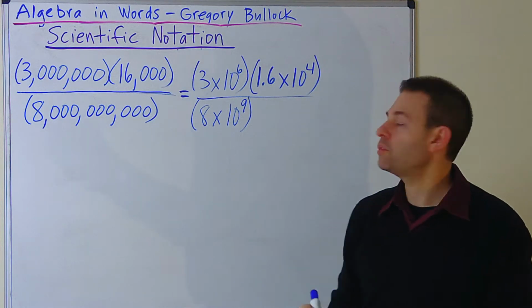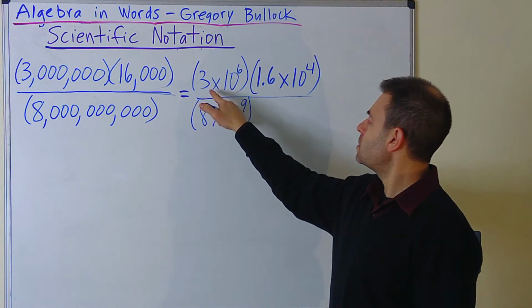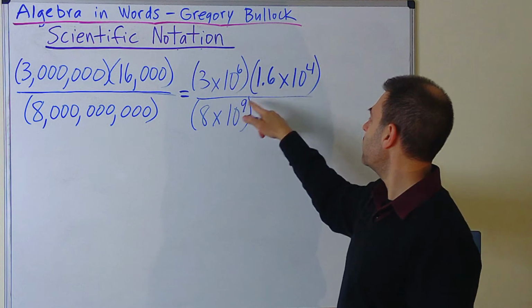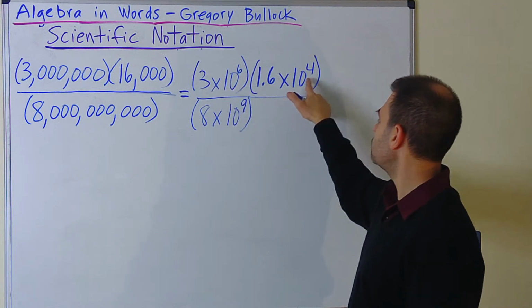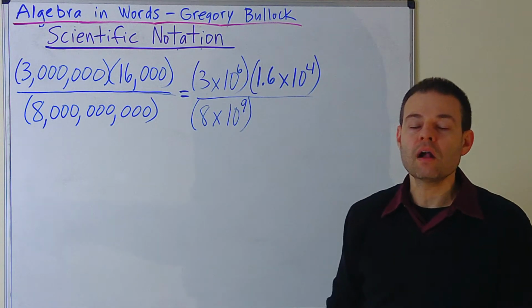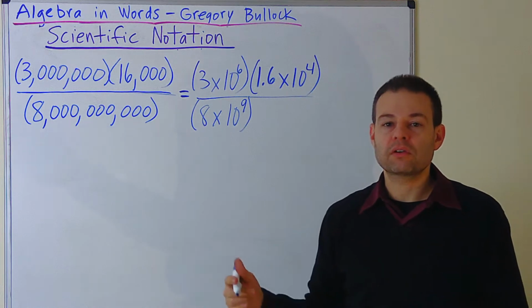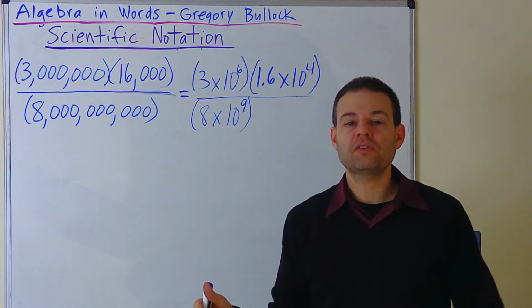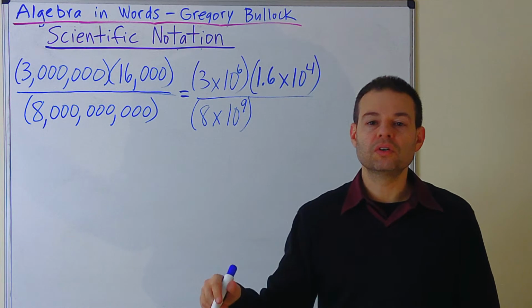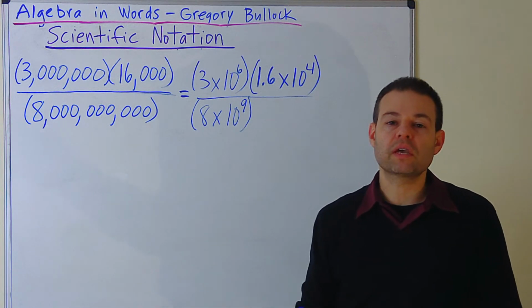Okay, now watch what we're going to do here. See how this is times 10 to a base 10, and times 10 to a base 10, and times 10 to a base 10? Remember the commutative property of multiplication means you can rearrange the order in which you multiply, and you'll still get the same answer.